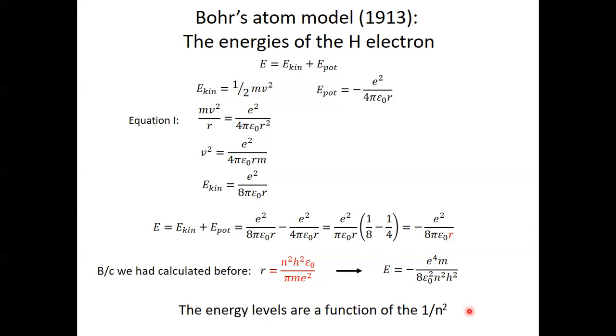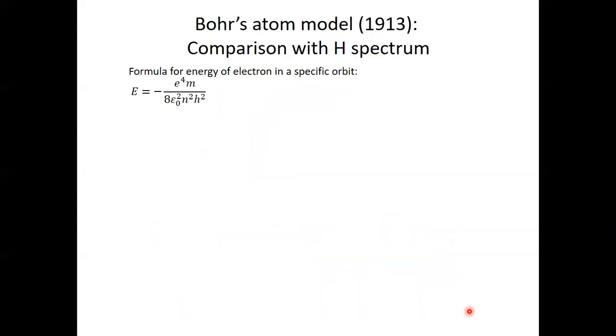Okay. So now, knowing the energies of the electrons, we can also calculate the energy differences of the electron in different orbits. This is just the equation that we have previously calculated.